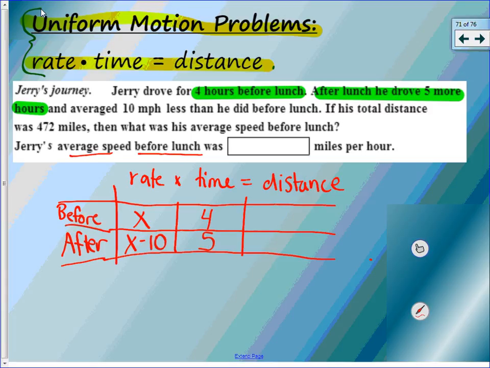Because you have enough information to find the distance. Because rate times time equals distance. So x times 4 is 4x. And x times x minus 10 times 5 is 5x minus 50, if you distribute. Okay, making sure to distribute that.